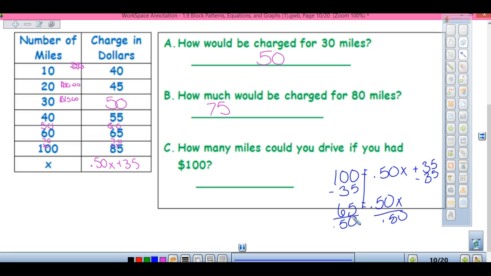How far can we go? 130? 65 divided by 50 cents, which is 0.50, right? If you're putting it as in cents. So 130 what? Miles. Yep, not dollars. We can go 130 miles.